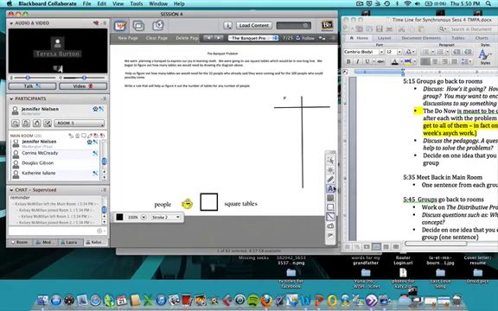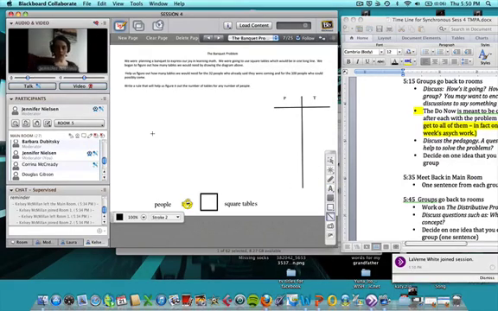A T for tables. Okay. Somebody can write it there. There we go. Okay. So on the other page, we started off with one table.